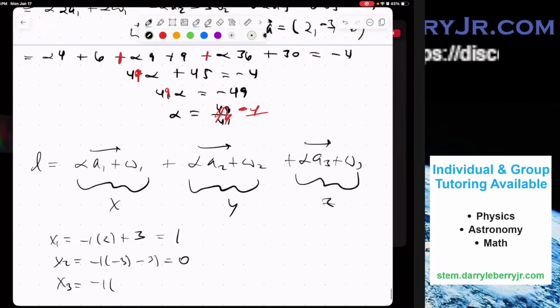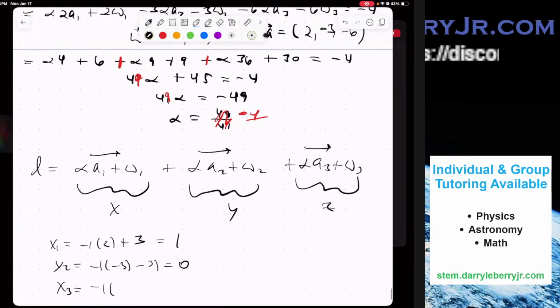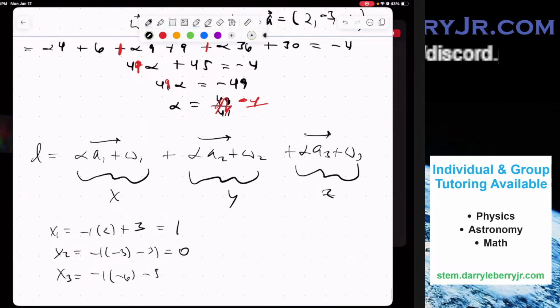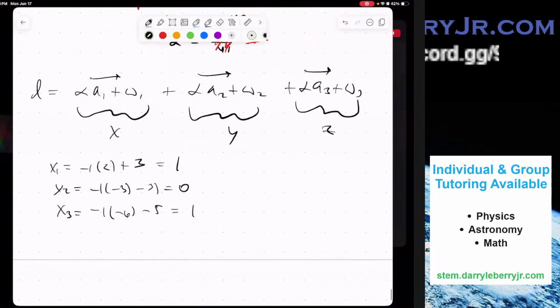-1, -6, -5 equals 1. So this is the line, the point on the plane.